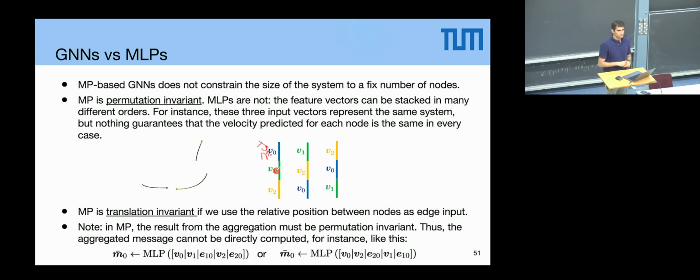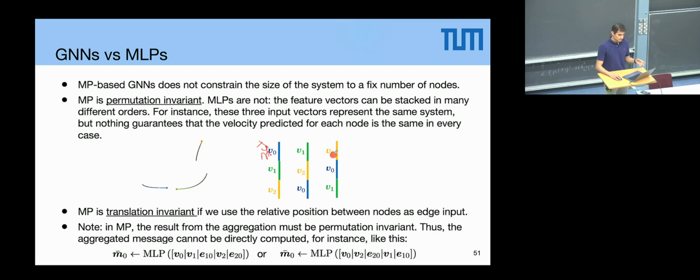Another advantage of message passing compared to MLP is the permutation invariance. So going back to this example, here we decided to stack first the features for node 0, then for node 1, and then for node 2. But we could follow another order. We could stack first the features for node 1, then 2, and then node 0.